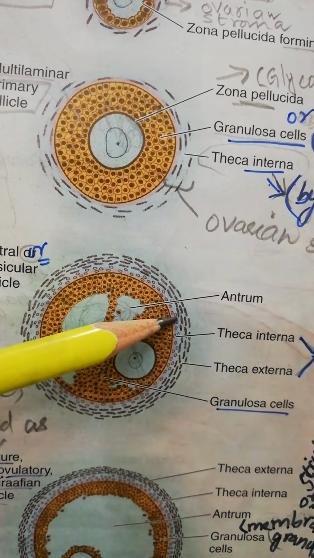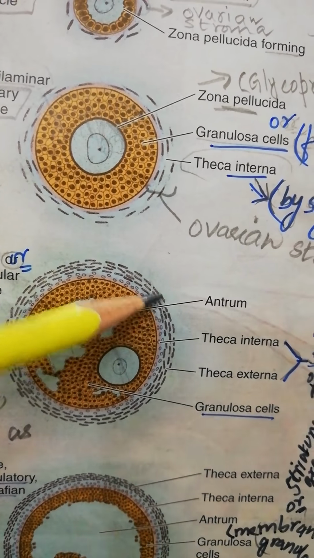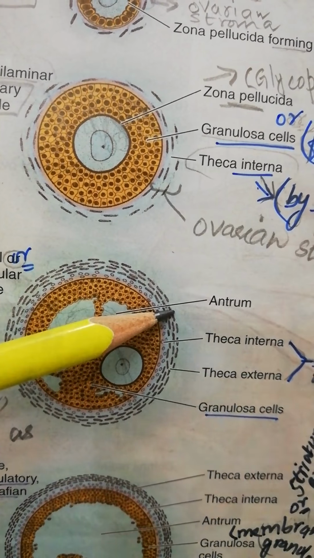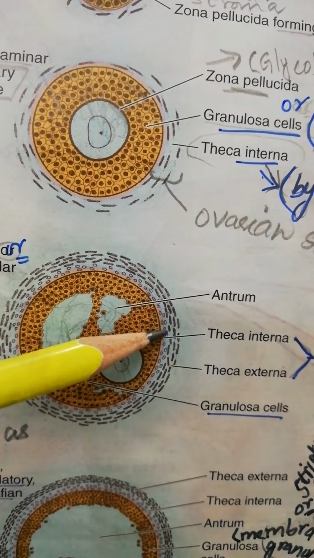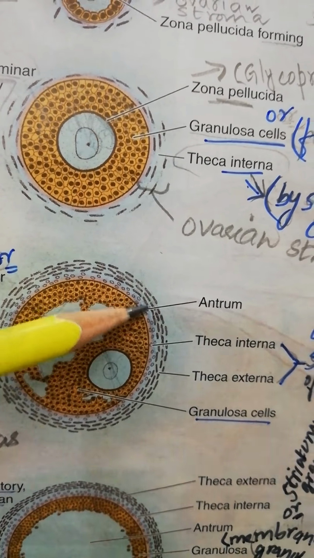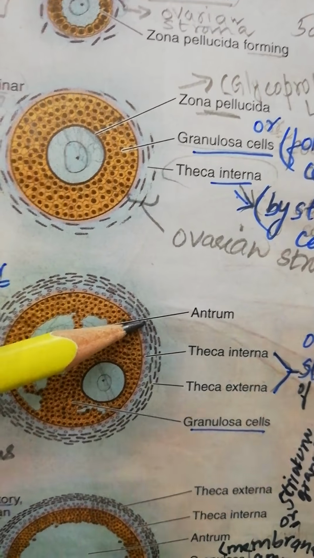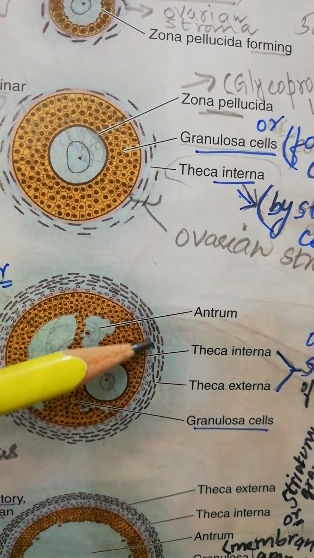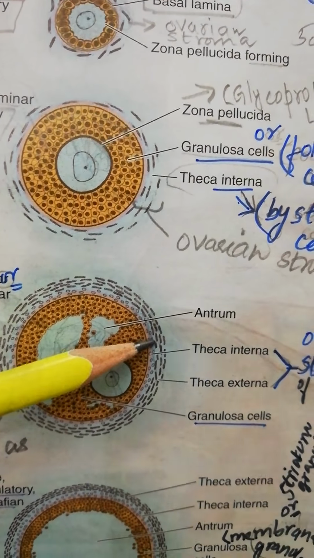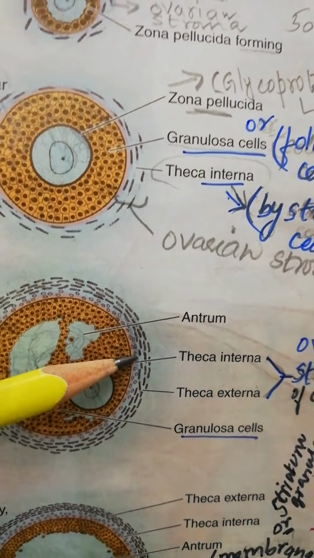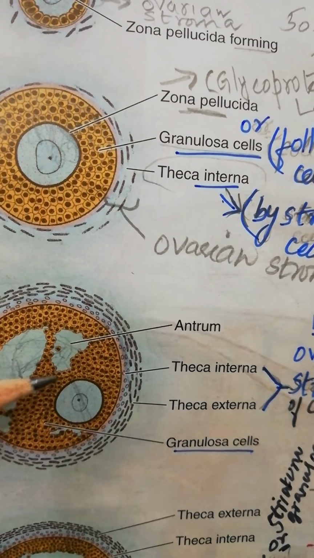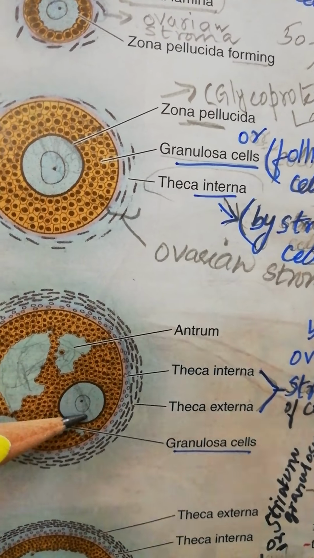Theca externa consists of collagen reticular fibers and fibroblast-like cells, and theca interna definitely has secretory cuboidal cells, and they produce a hormone. You would later on see what it is going to produce. It means that the oocyte is also changing its position.